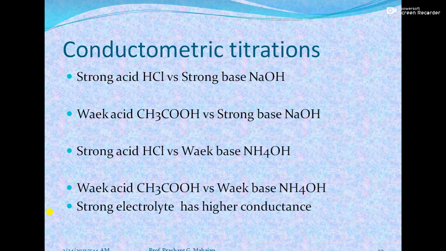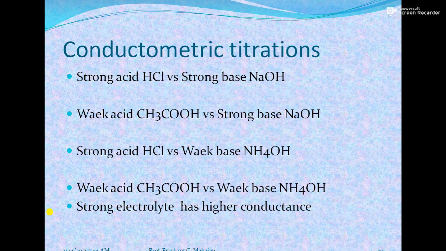While doing the titration, you have to keep in mind the factors affecting conductometry. If the size of the atom or ion is smaller, it will have higher mobility and higher conductance. Second, a strong electrolyte has higher conductivity because it dissociates fully, and a weak electrolyte has low conductivity because it dissociates partially.